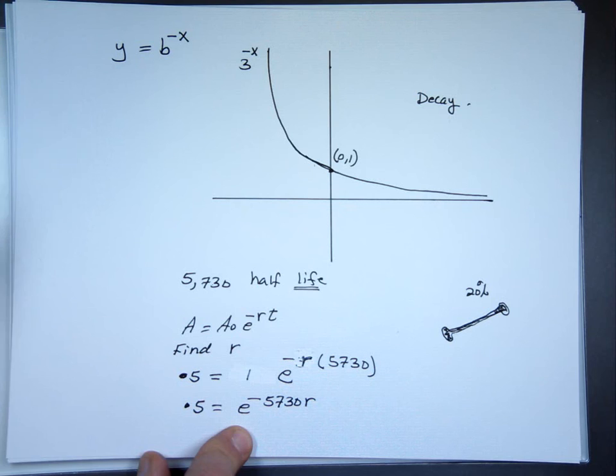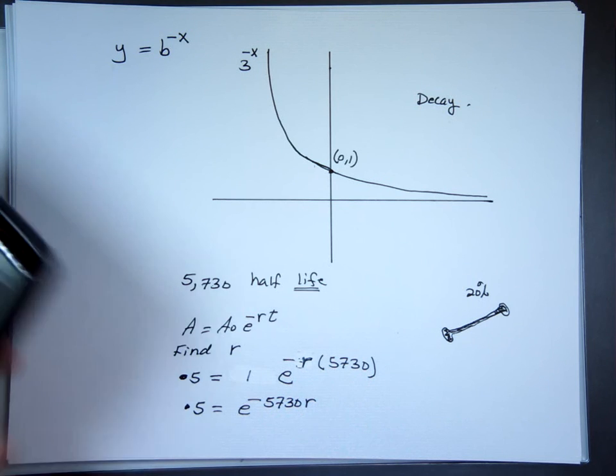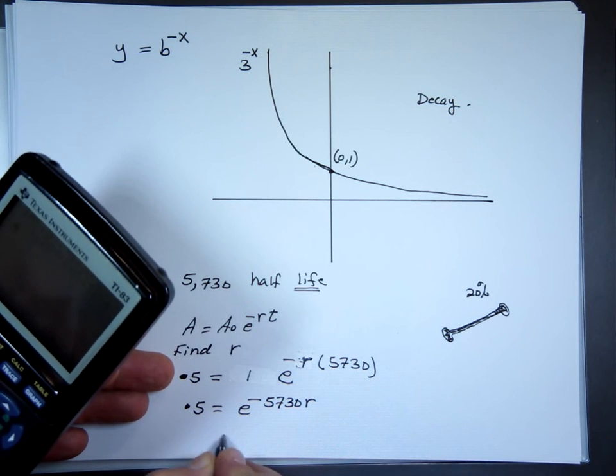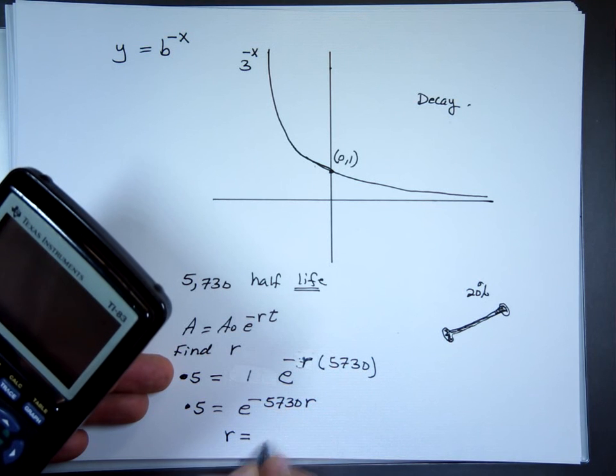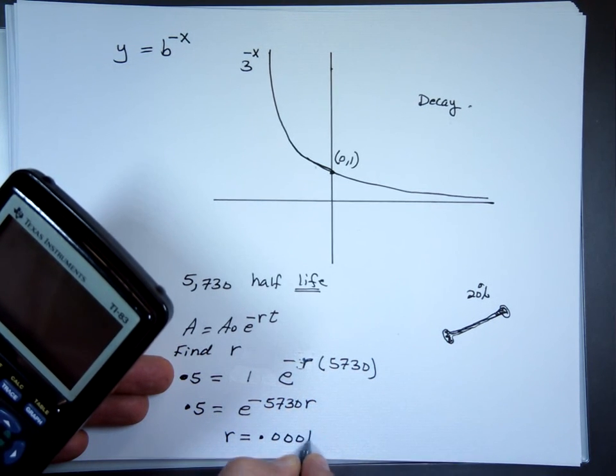You just got to trust me on that number. That number is R, if you do the math, again, you got to trust me on that math, 0.000121 approximately.